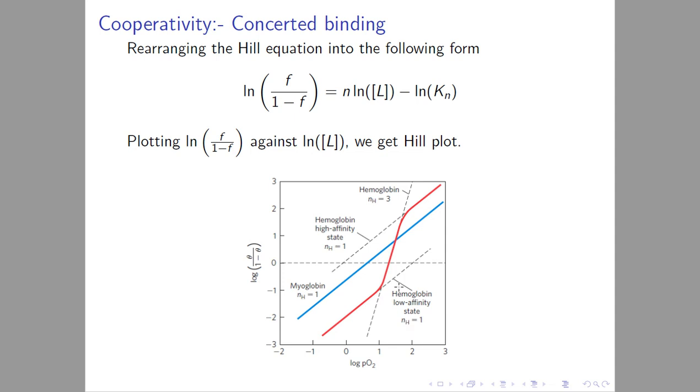So we can see that here n equals 3, so this is the more cooperative. So this one, only one ligand attaches to one binding site of the hemoglobin, but here we can see that n is 3, even though there are 4 binding sites for the hemoglobin, at least 3 ligands attach to the hemoglobin at one time.